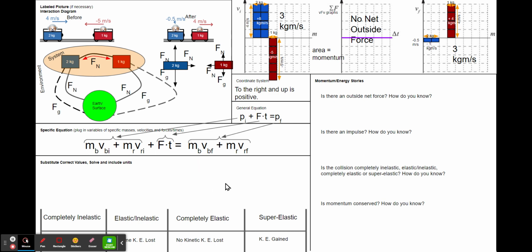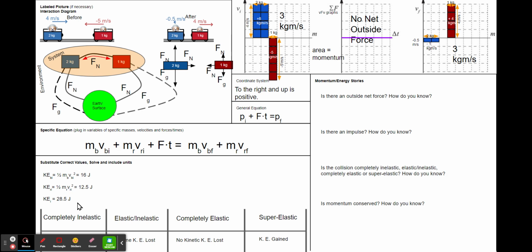All right, so let's also look at the kinetic energy of both objects before and after the collision. The blue cart has 16 joules of energy before the collision. The red cart has 12.5 joules, using our equation 1 half mv squared to calculate both of them.